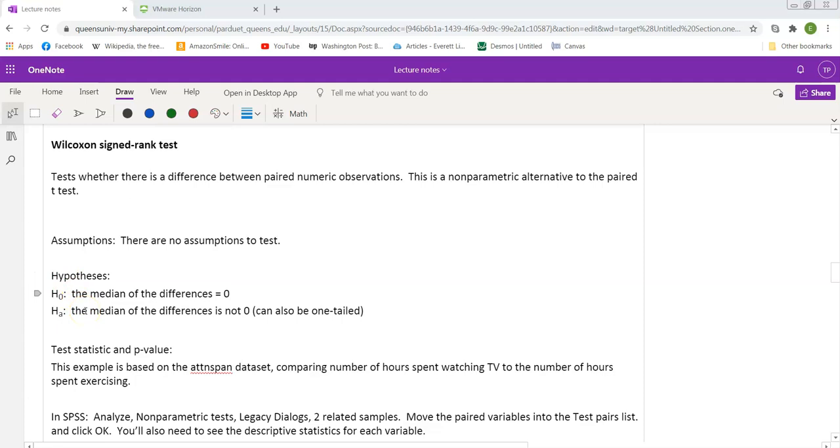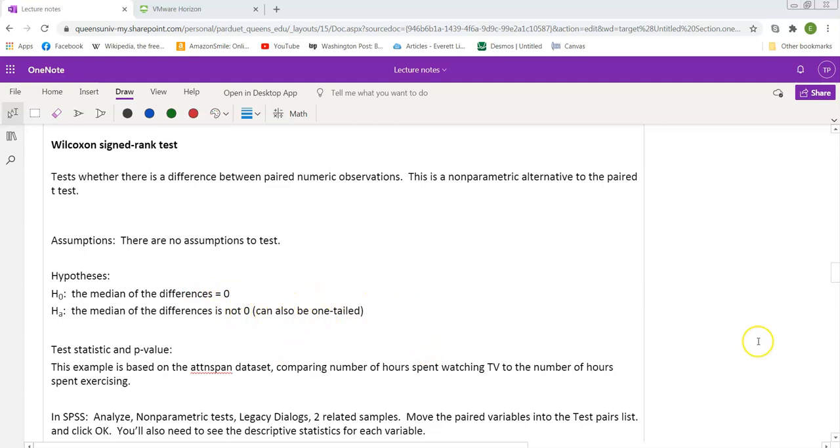Hypotheses. The big difference between the Wilcoxon signed rank test and the paired t-test, aside from not having the assumptions, is that here we're looking at the median rather than the mean. And that's actually true of both of the non-parametric tests we're looking at today. So the hypothesis here is that the median of the differences is 0 versus not equal to 0.